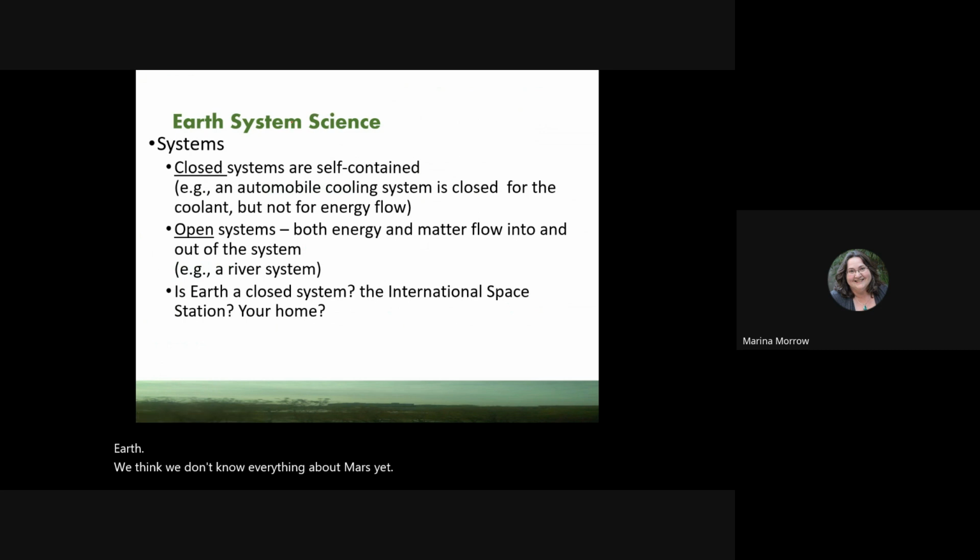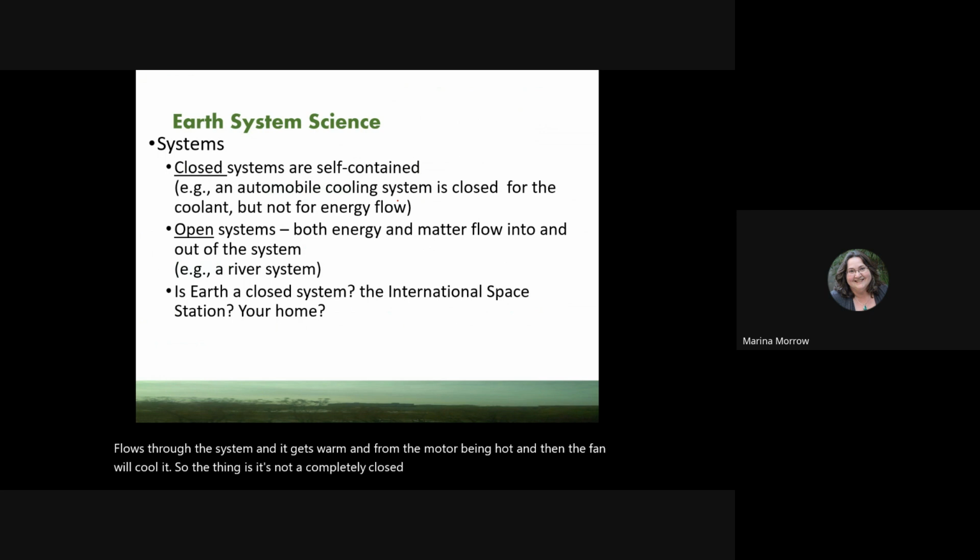Okay, so some information about systems. Systems can be closed systems or open systems. A closed system is self-contained. So some people like to say an automobile cooling system. The water flows through the system and it gets warm from the motor being hot, and then a fan will cool it. So the thing is, it's not a completely closed system.